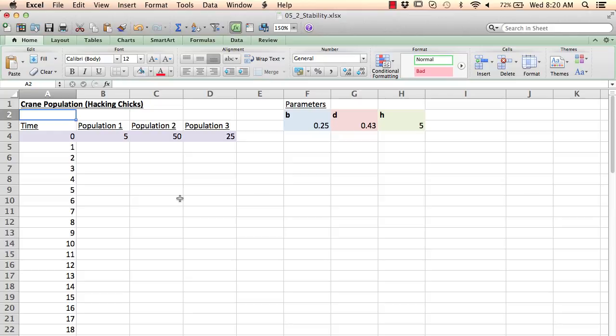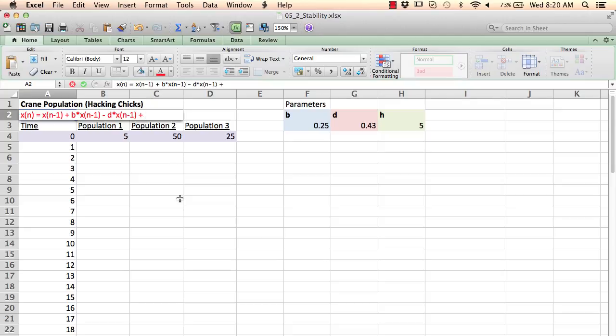The number of cranes, x, at any time step n should be whatever number we had before, plus the ones that were born, so b times x of n minus 1, because b is a birth rate, so it depends on the population at time n minus 1, minus the amount that died. Again, because that's a death rate, it depends on the previous population.